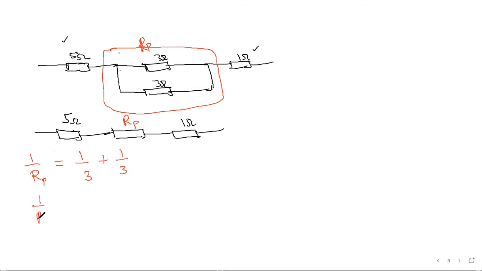So 1 over RP should be 2 over 3. If you cross multiply, 2 RP will be 3, and RP will be 3 over 2, which is 1.5. So 1.5 ohms is RP. So now I have RP.